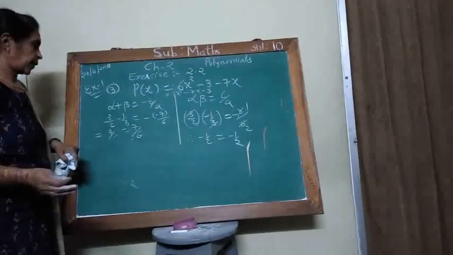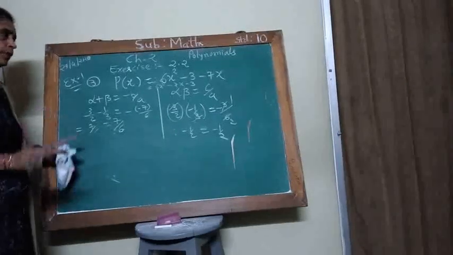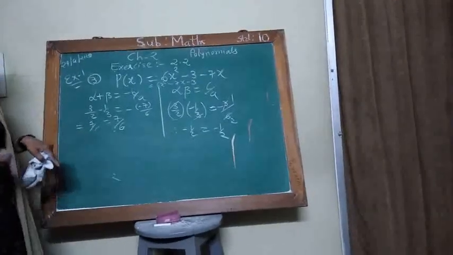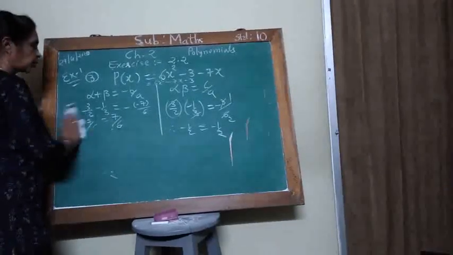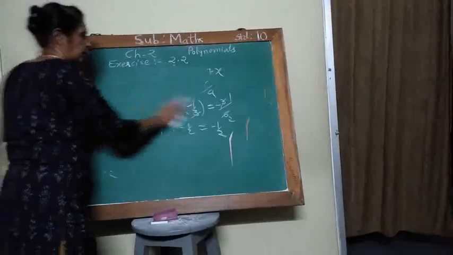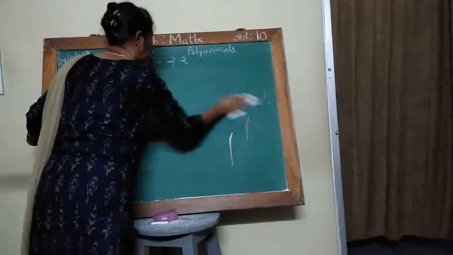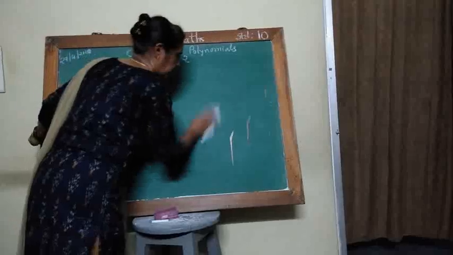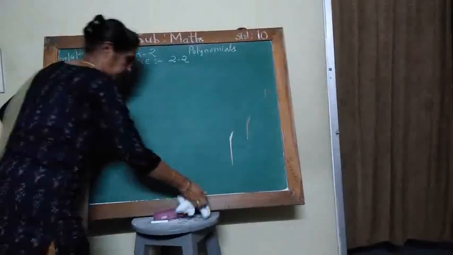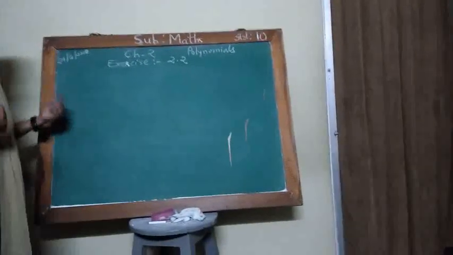But here we factorize, and from factorization I find the zeros of the polynomial. So now you can do more examples.